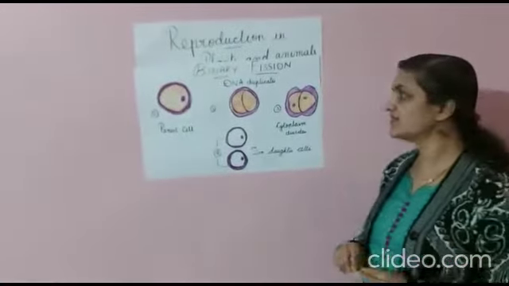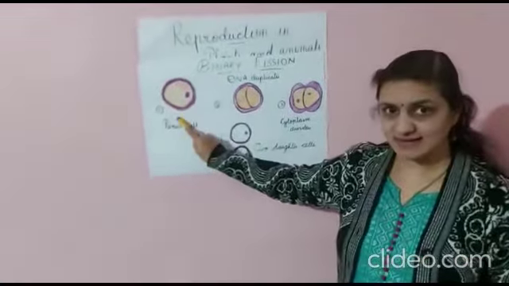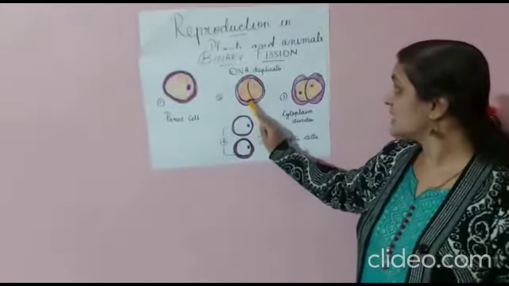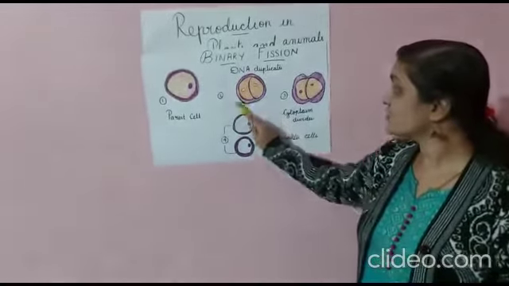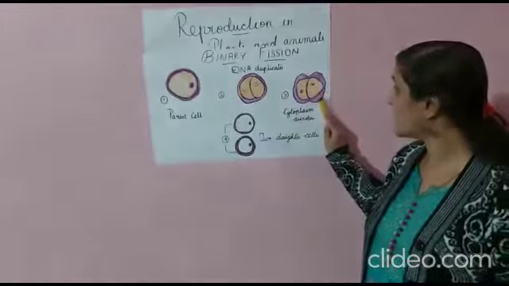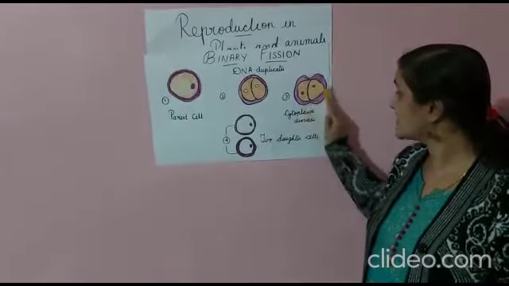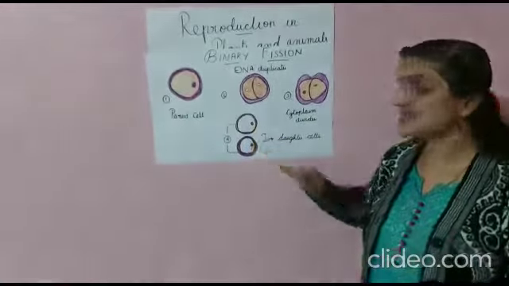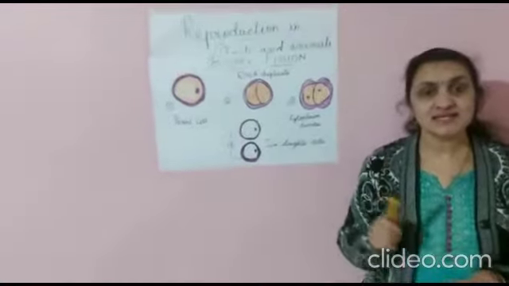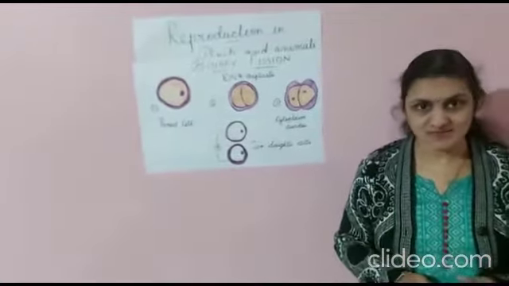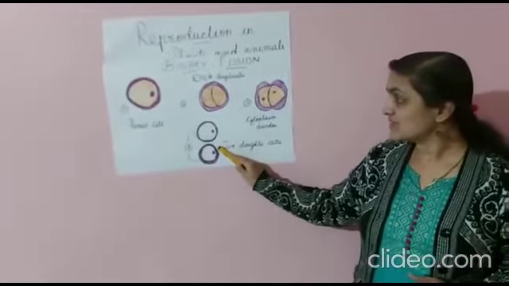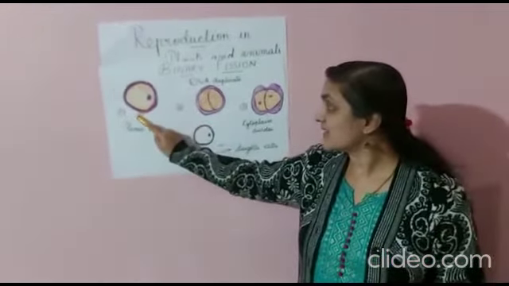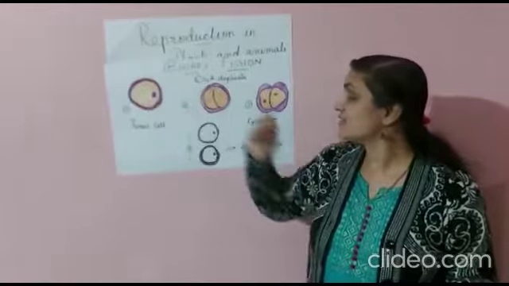In binary fission, the parent cell is divided into two. It enlarges into a bigger size, and the cytoplasm gets divided into 2 daughter cells, each containing a nucleus. Unicellular organisms usually reproduce by binary fission.